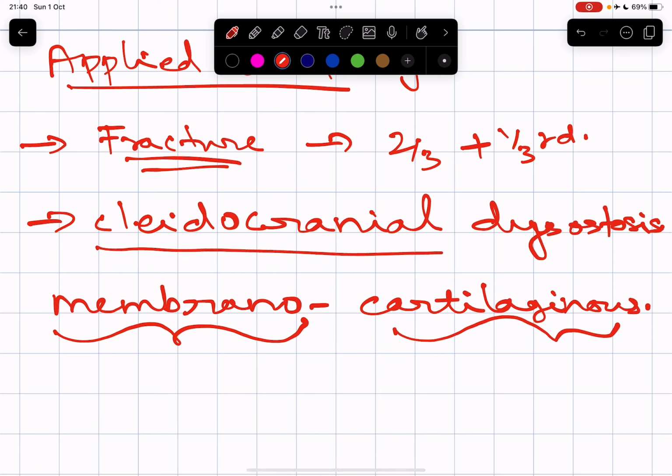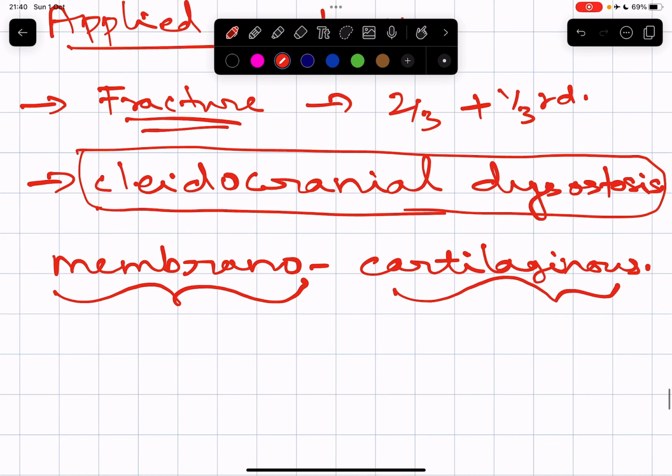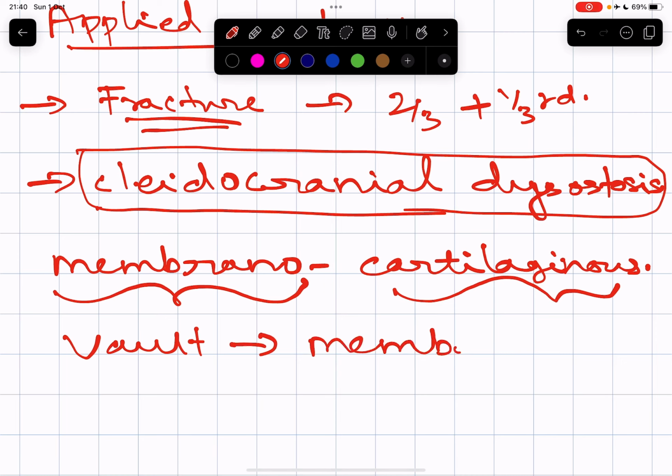In this condition called cleidocranial dysostosis, we have deformities in the formation of the clavicle and the bones of the skull, because some bones of the skull, especially the bones of the skull vault, are formed by membranous ossification.